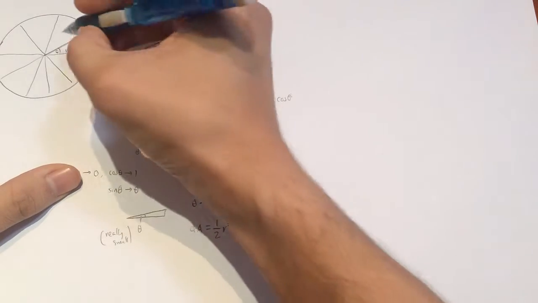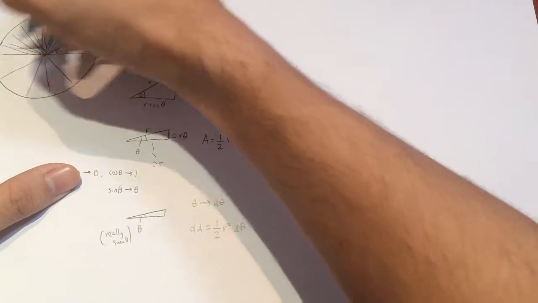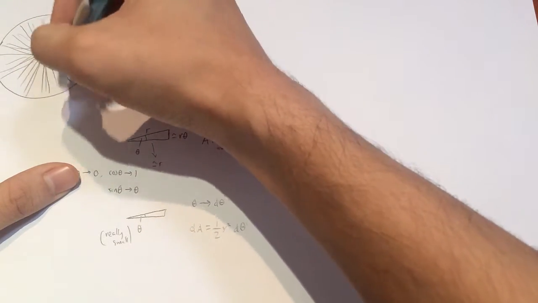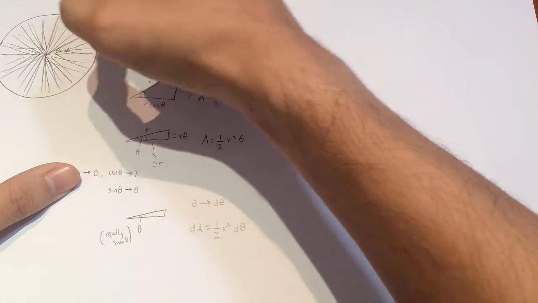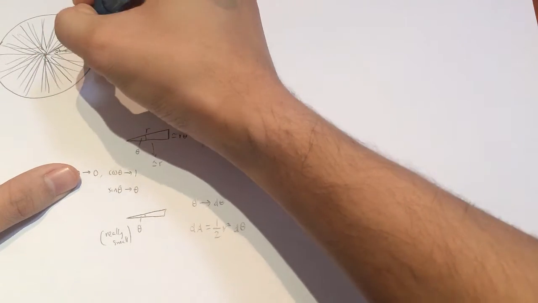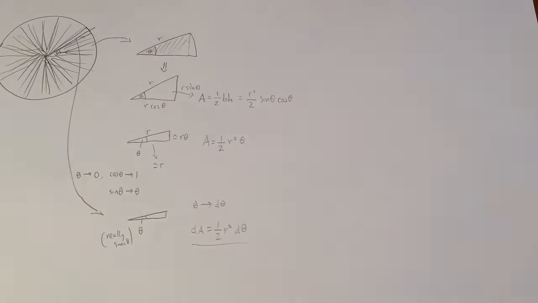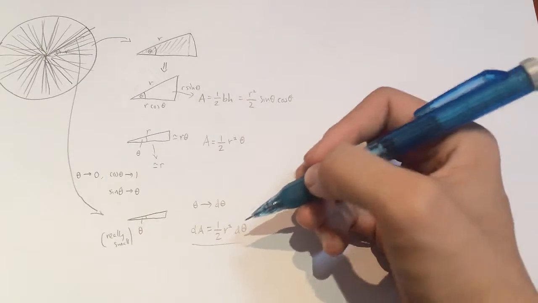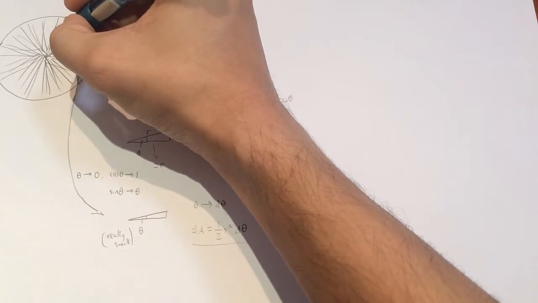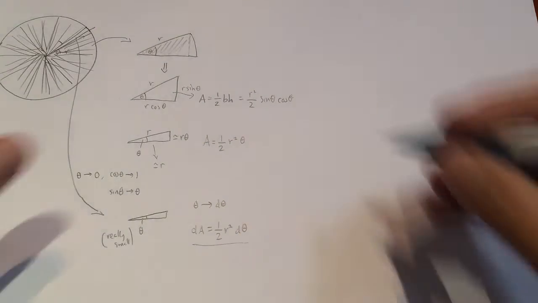If we divide the circle up into really, really thin slices, this is a really bad diagram now, one really small slice of the circle could be approximated with the area over here. It will approximately equal 1/2 r squared d theta, where d theta is this really tiny angle of the circle.